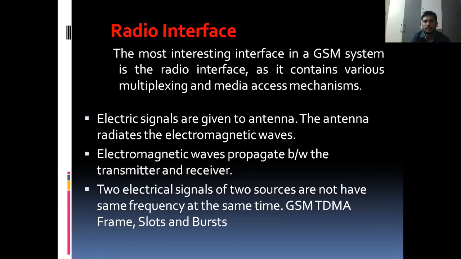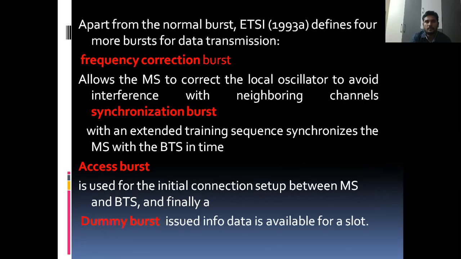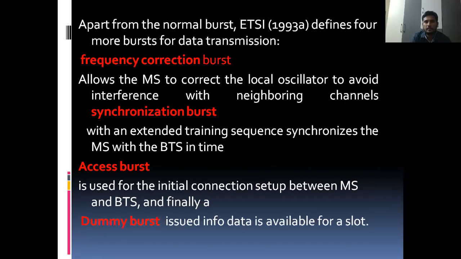Using different frequency levels and different channels, this covers how the data is transmitted, how the signals are propagated, and which mediums have to be used. These are FDMA, TDMA and the normal burst. Other than the normal burst, there are four other bursts: frequency correction burst, synchronization burst, access burst, and dummy burst.